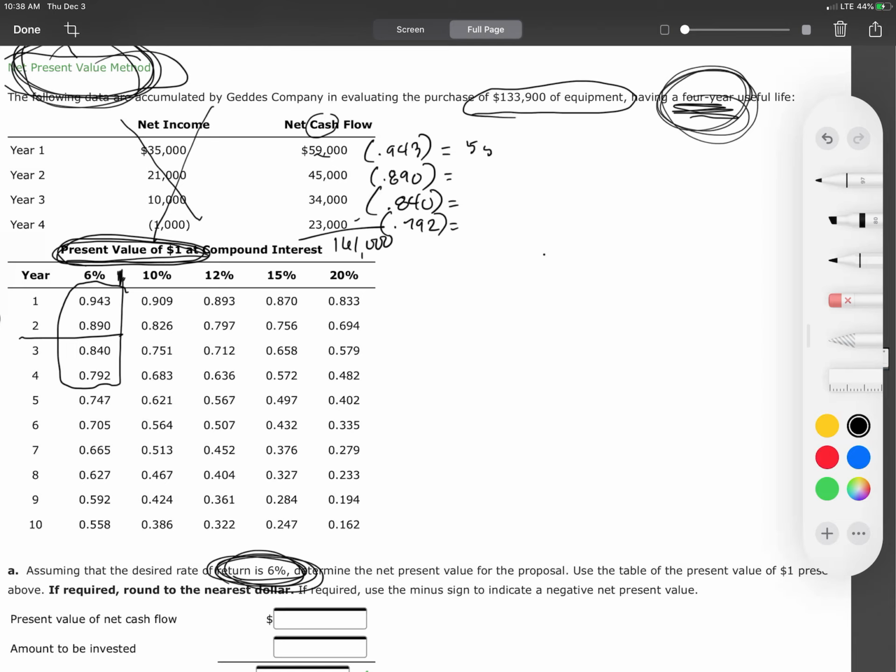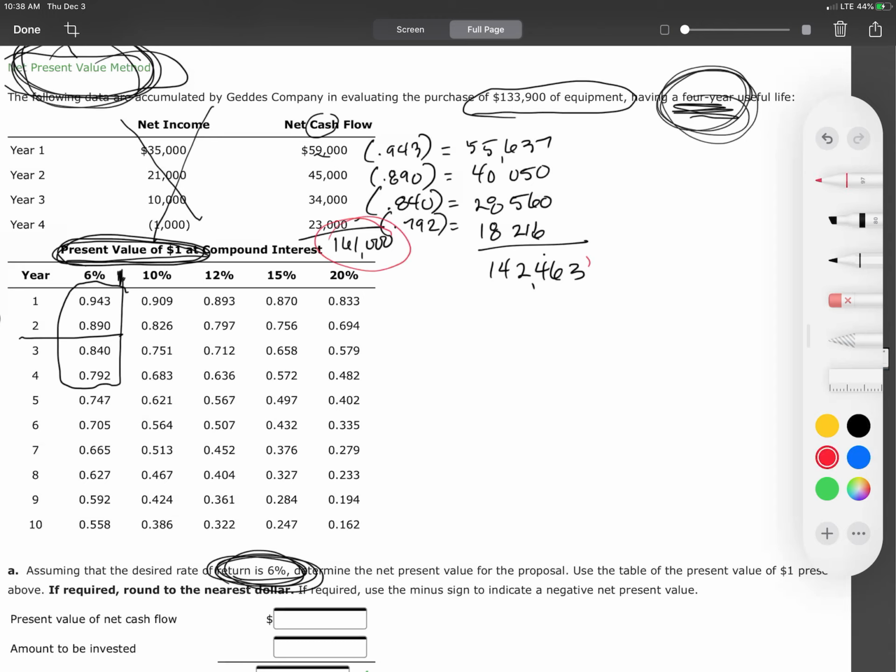Extending these out, we get 55,637, 40,050, 28,560, 18,216. Add that up and it comes out to 142,463.